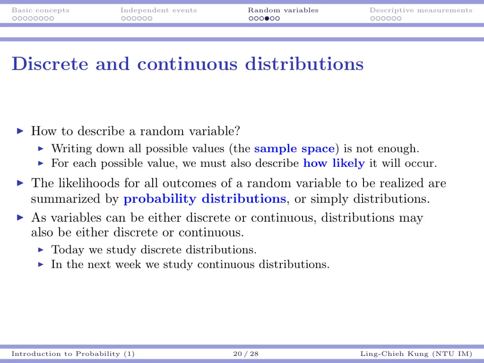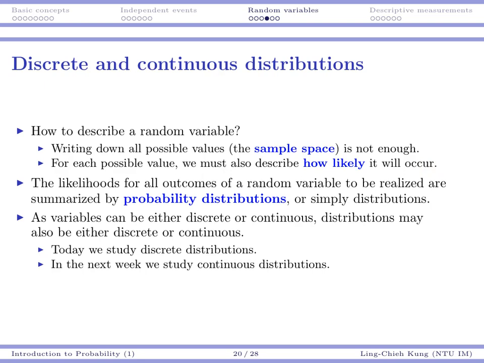So now, if we are talking about random variables, we want to have a way to describe a random variable. To describe a random variable, first, we may write down all the possible values, or the sample space of that random variable. But of course, that's not enough, right? Because for each possible value, we also need to describe how likely it will occur.